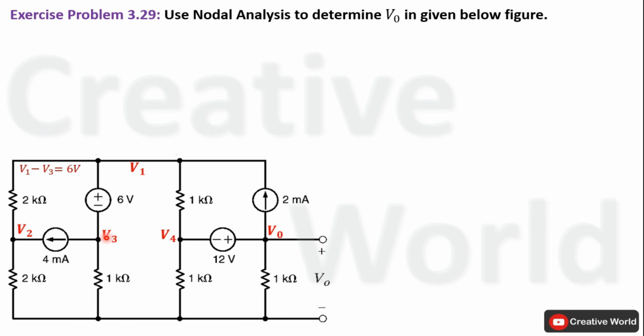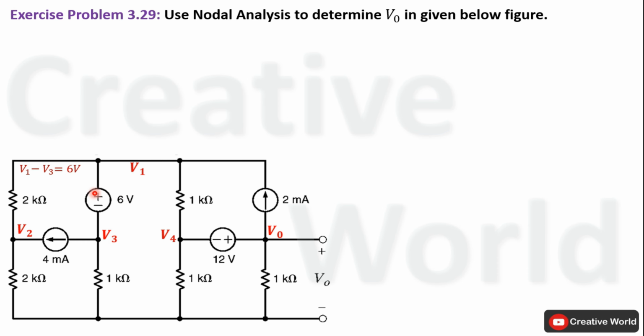That's why we have subtracted V3 from V1, and because this node voltage is at a higher potential, the current flow between these two nodes will be from node 1 to node 3. In this case, current will enter from the positive terminal of this voltage source. That's why we have taken the value of this voltage source with a positive sign.